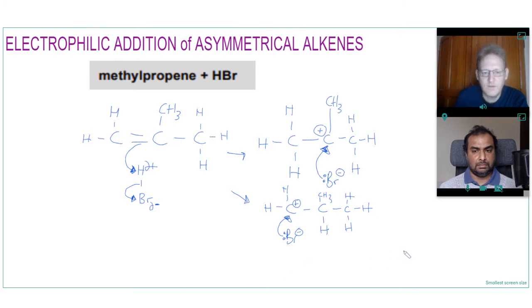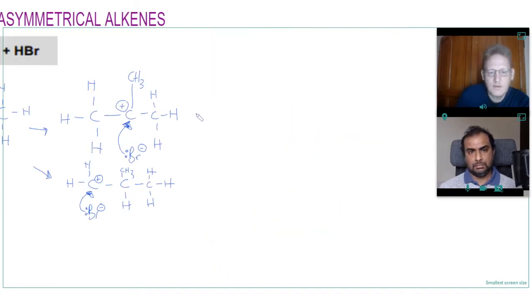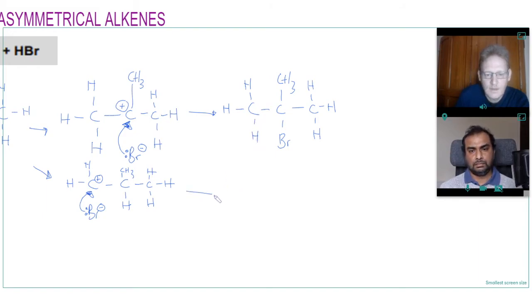Okay, so I'll just move all this to the side so we can see what happens next. So here we would attach the bromine and here we would end up with bromine.